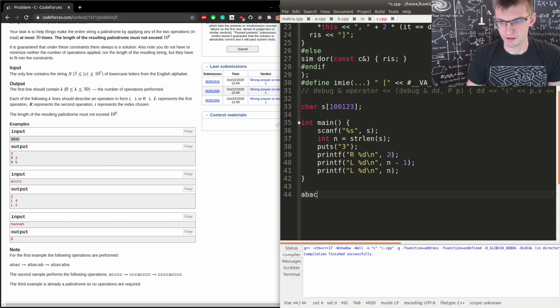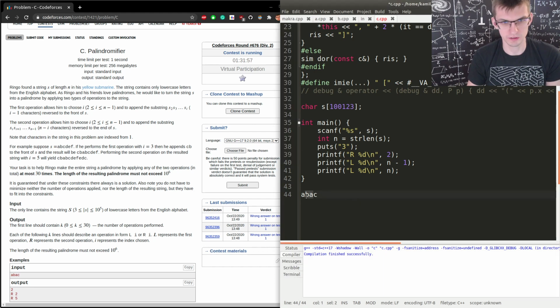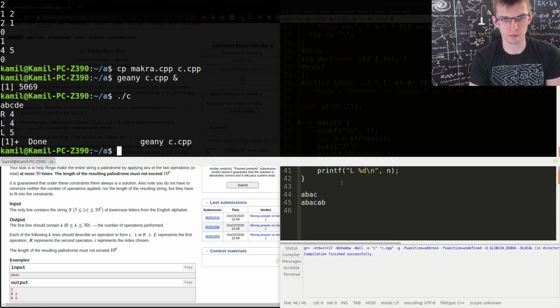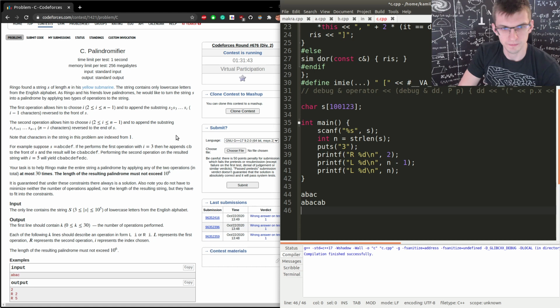Apply R2 from ith index to n-1. So this appends the reverse to the end. AB. Then my program prints L3. What does it mean? This reverses to the beginning. So B, no, this is AB and then everything. Where will C be?